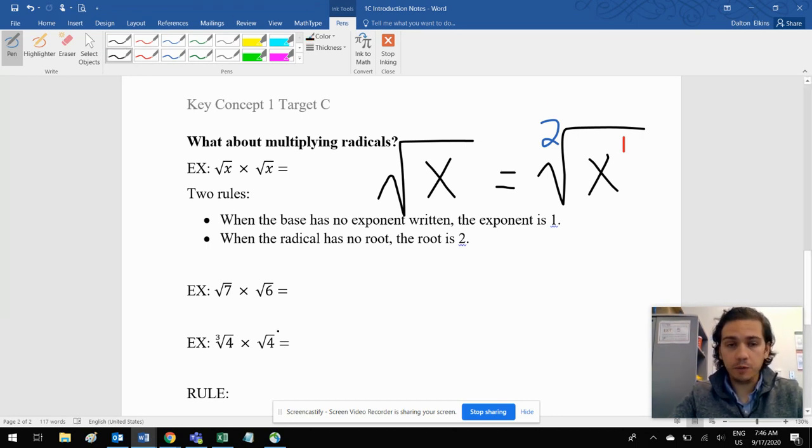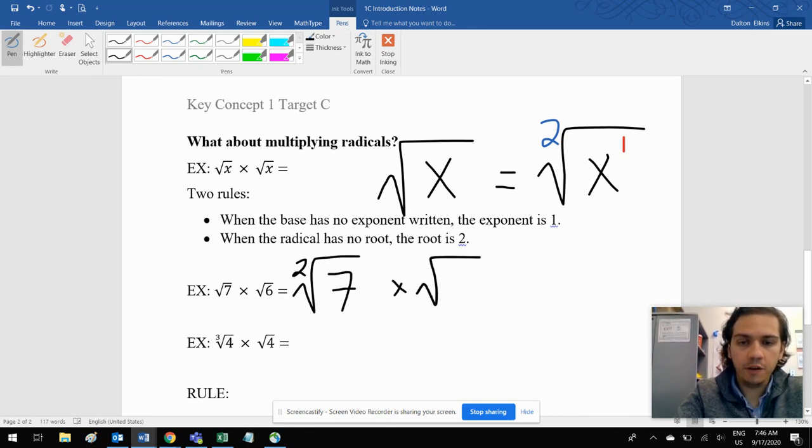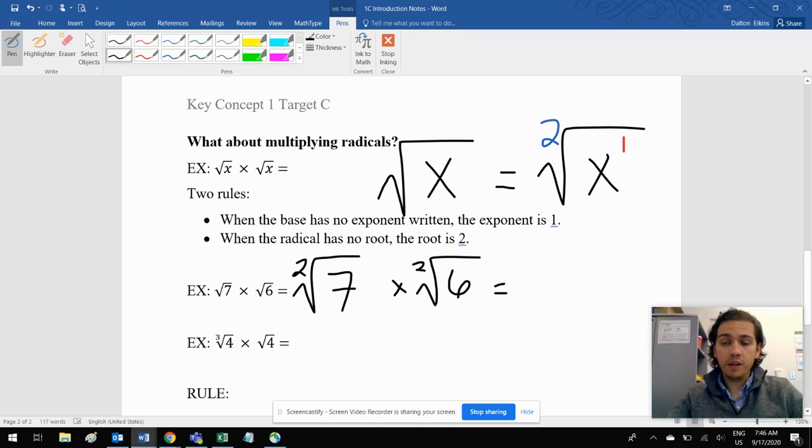So let's look at an example. If I have the square root of 7 times the square root of 6, another way to think about this is the second root of 7 times the second root of 6. What we can do is multiply the bases.